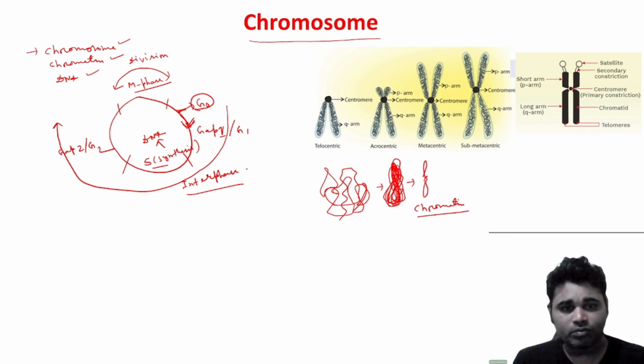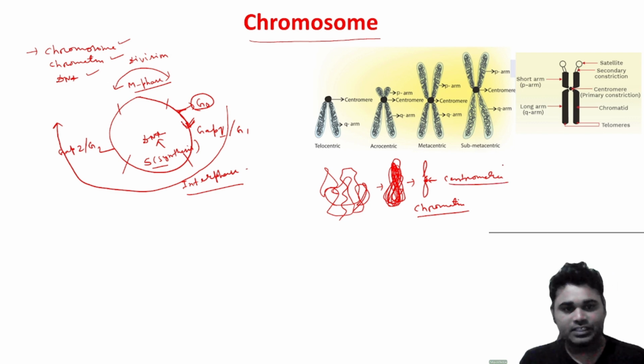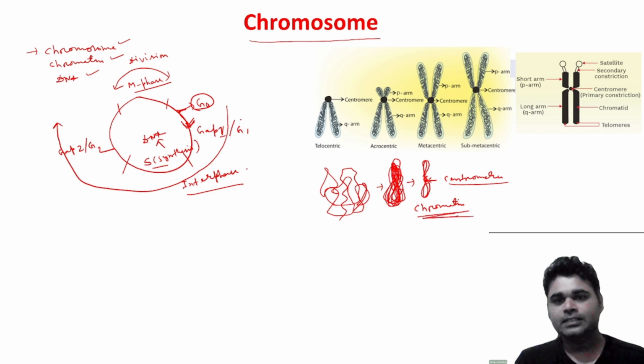In the chromatin, the middle is called the centromere. The centromere is also called the primary constriction, and it divides the two arms. This is one arm, this is the other arm, and this is called the chromatin. So in gap 1, the structure of the chromosome looks like this, and this is called the chromatin.